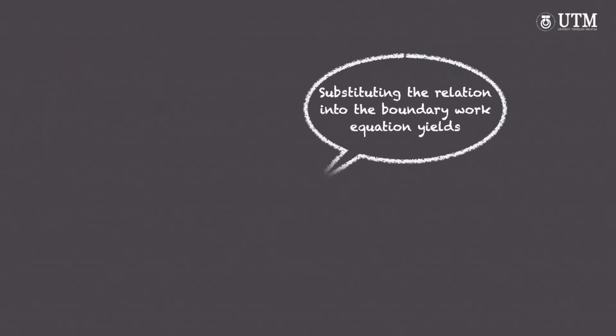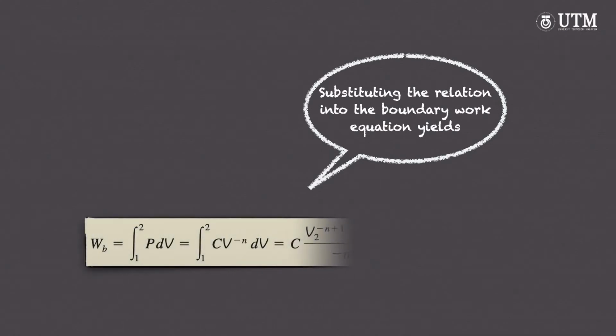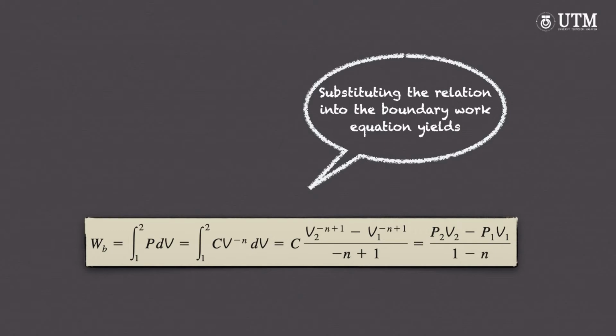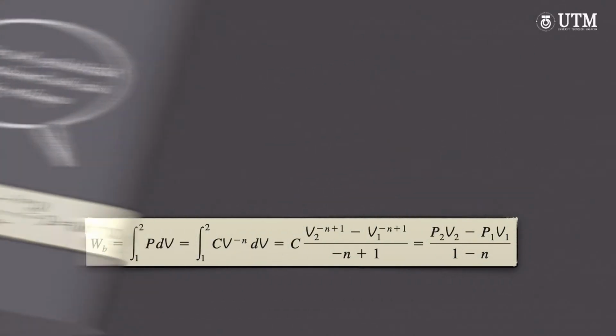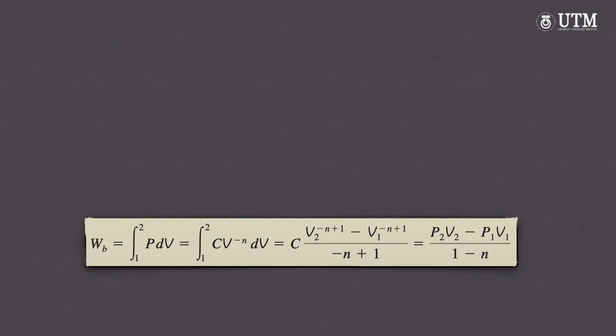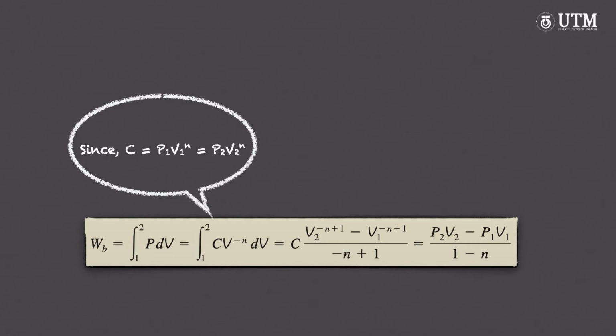Substituting the pressure relation for the polytropic process into the boundary work equation yields the given expression, since C = P1 V1^n = P2 V2^n.